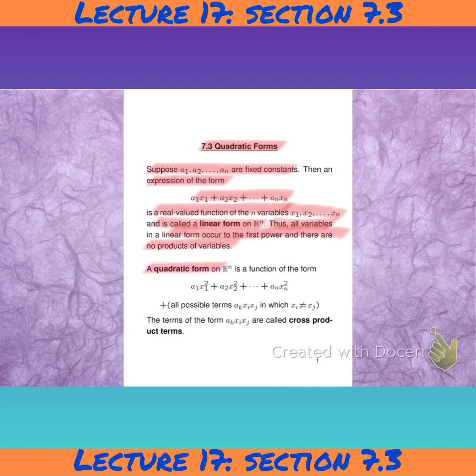A quadratic form, however, is a function where you have squares of the variables, and then you have the cross products between the variables xi and xj for all indices i and j not equal to one another. Now, the terms of that form are called cross product terms. Okay, so that's what's known as a quadratic form.